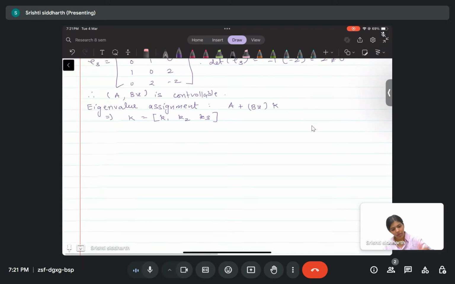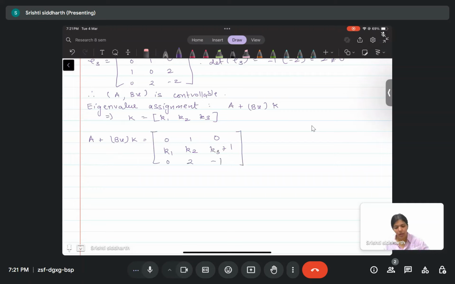So I'm going to write this down. That is A plus BV and K looks like this. This is 0, 1, 0, K1, K2, K3 plus 1, 0, 1, minus 1.